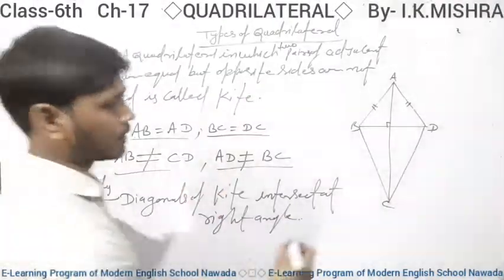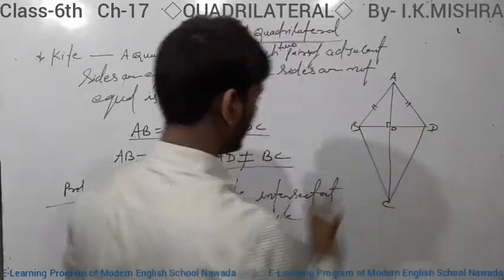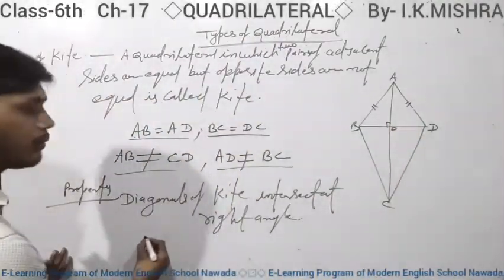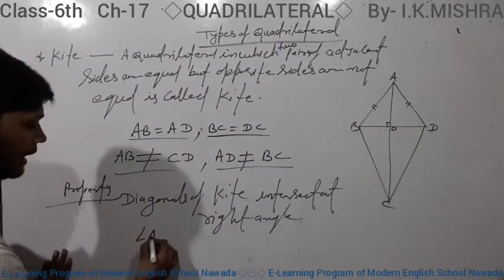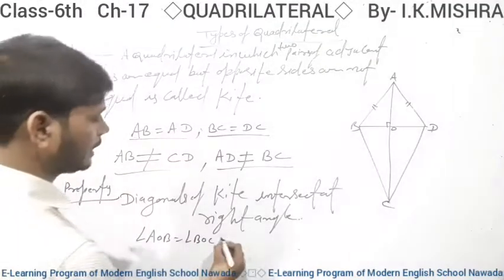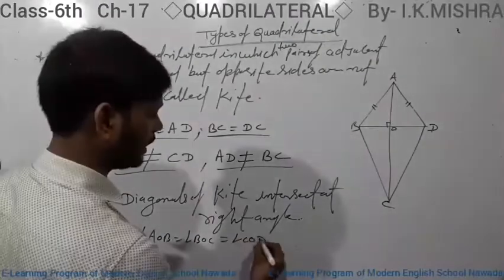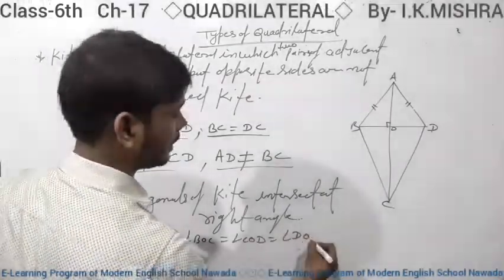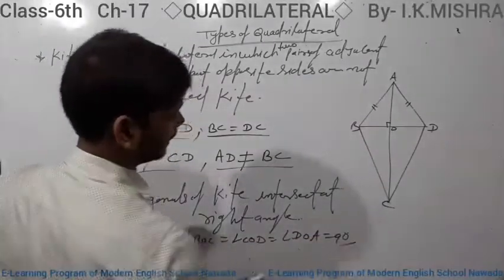Clear, friends? That means if the intersecting point is O, then angle AOB is equal to angle BOC is equal to angle COD is equal to angle DOA is equal to 90 degrees.